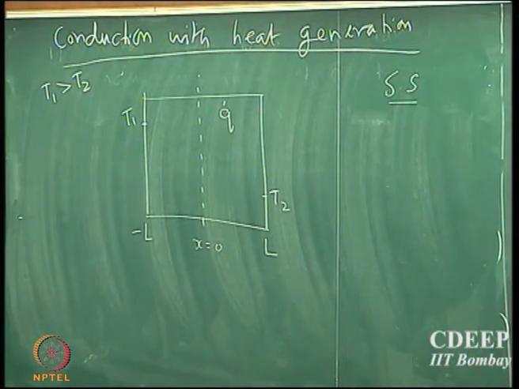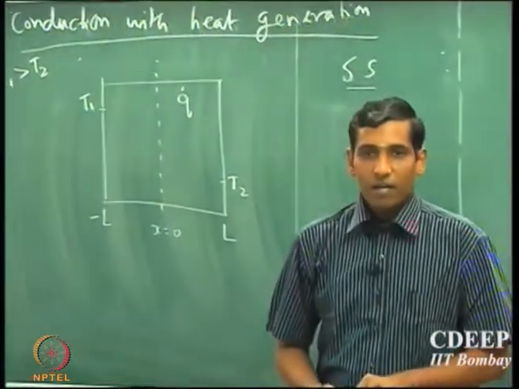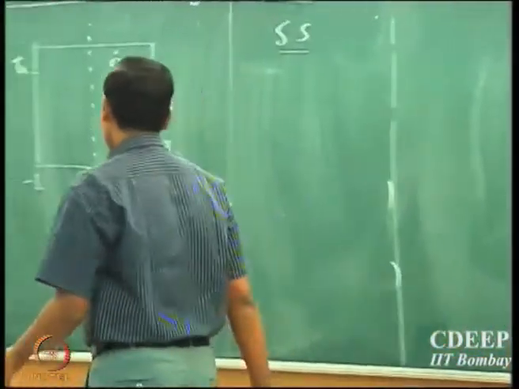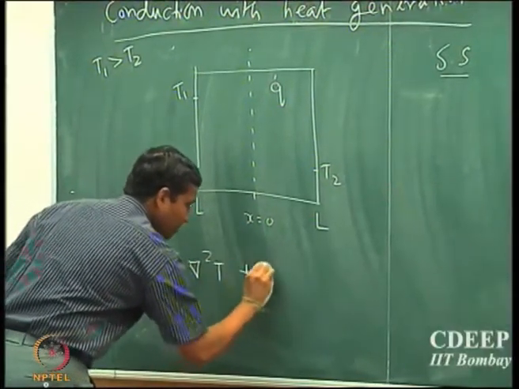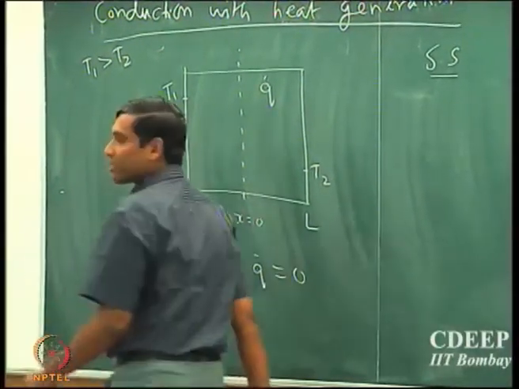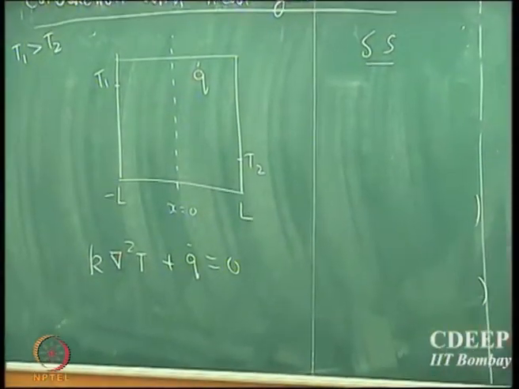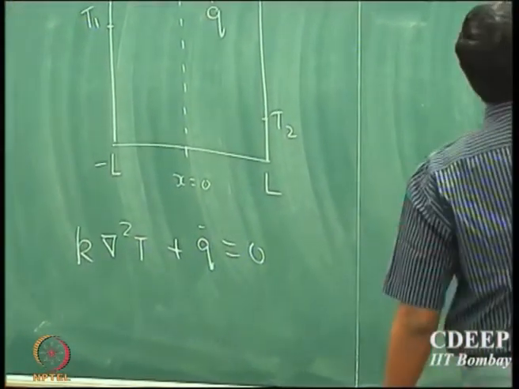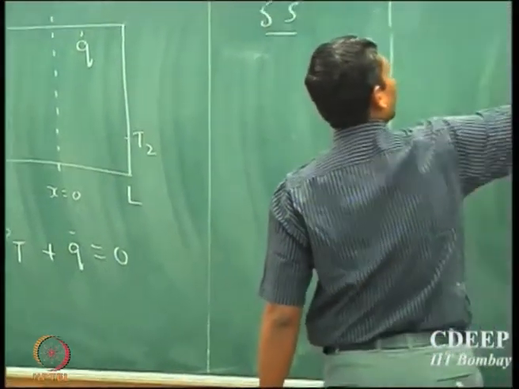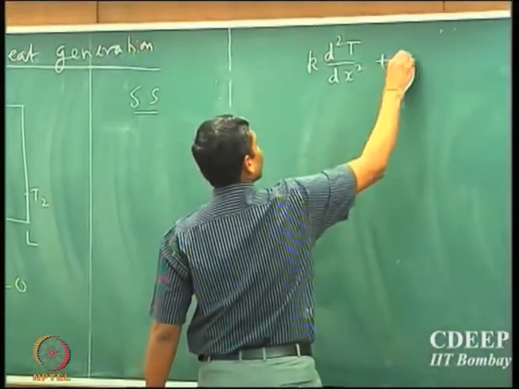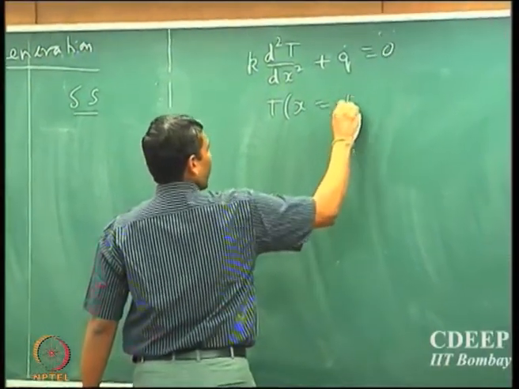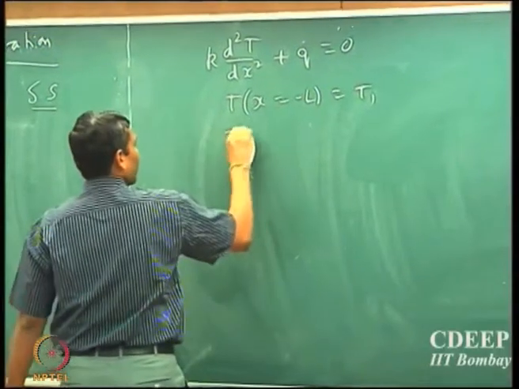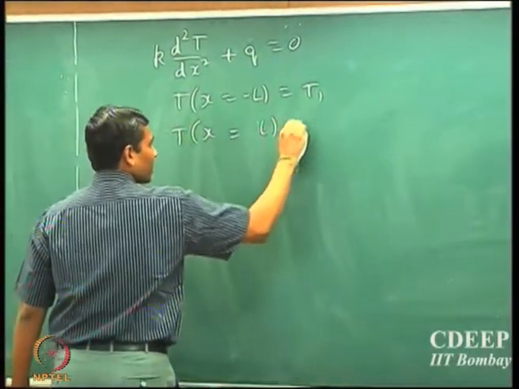Then what is the model equation? It is K del square T, the Laplacian, plus Q dot equal to 0. We can write it as K d square T by dx square plus Q dot equal to 0, and the boundary conditions are quite trivial: T at x equal to minus L is T1 and T at x equal to plus L is T2.